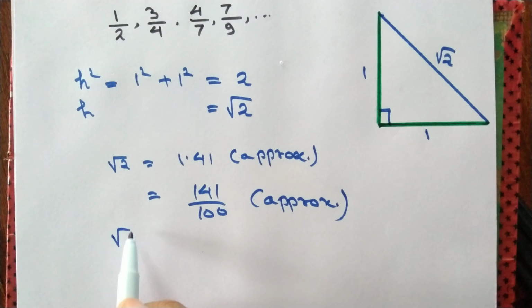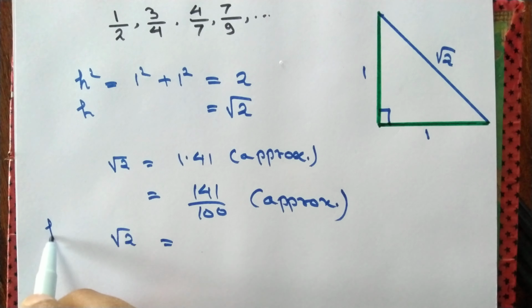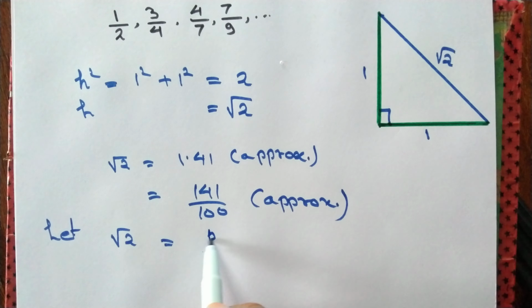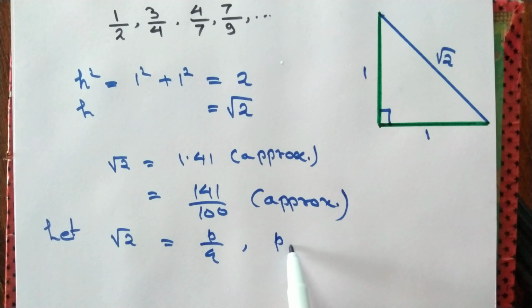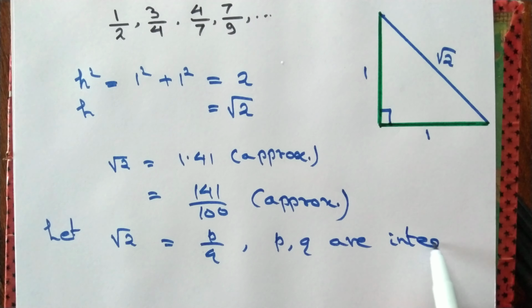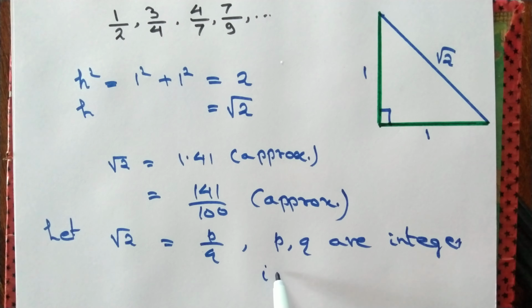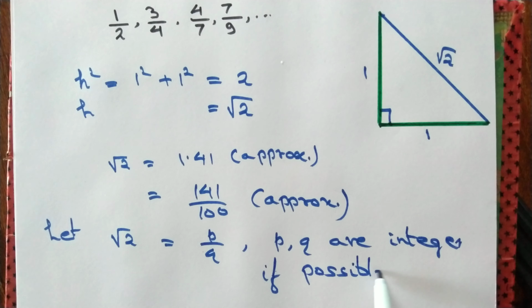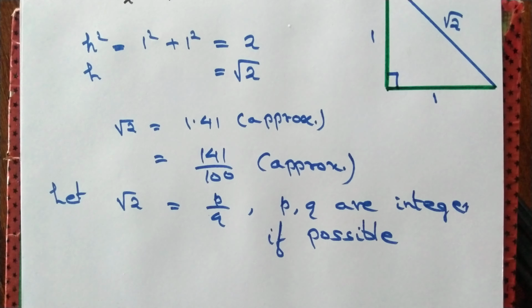So what they must have done is let root 2 equal to p by q, where p and q are integers, if possible. Then of course we can square both sides and say that 2 equal to p square by q square.